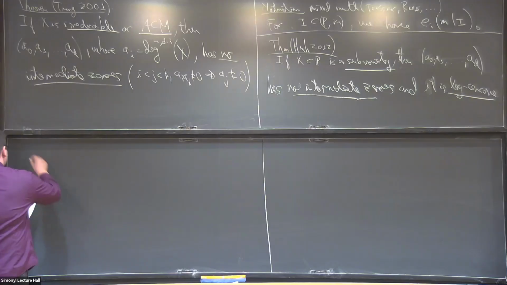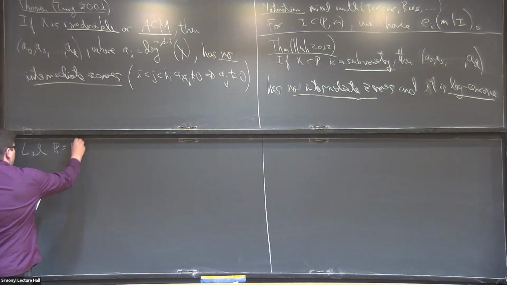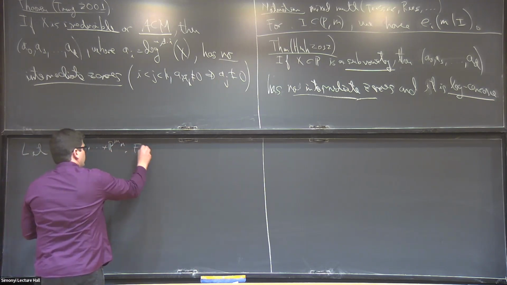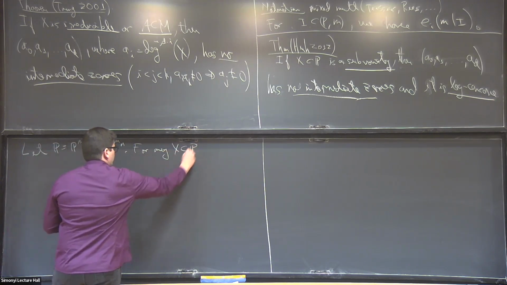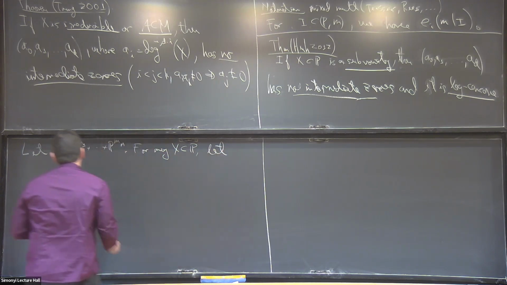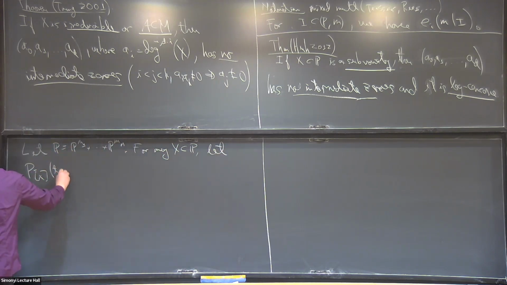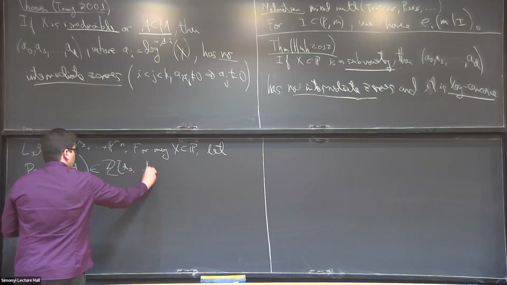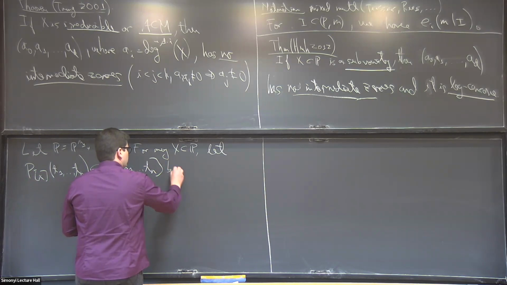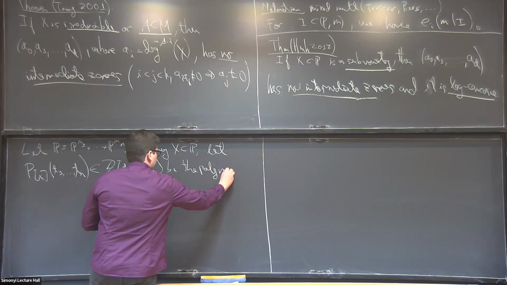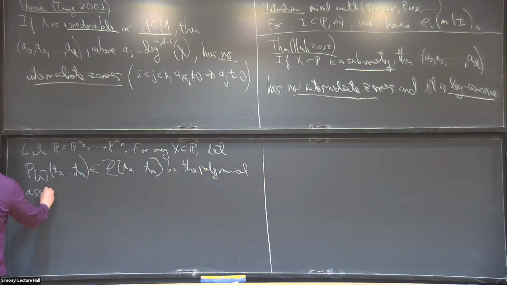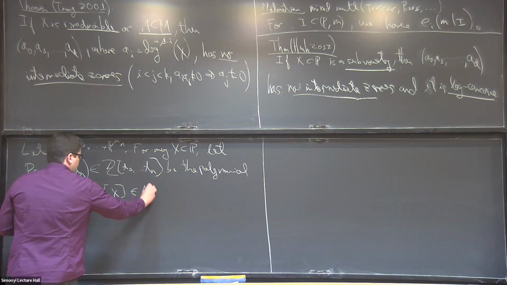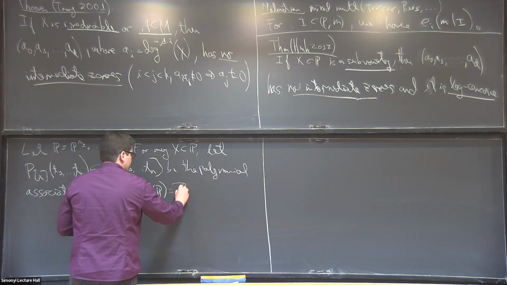So more recently, we have a nice work of Aluffi that if you have a product of projective spaces, then for any subvariety X in this product of projective spaces, let P_X(t_1,...,t_n) be the polynomial associated to the class of X inside the Chow ring of this product of projective spaces.